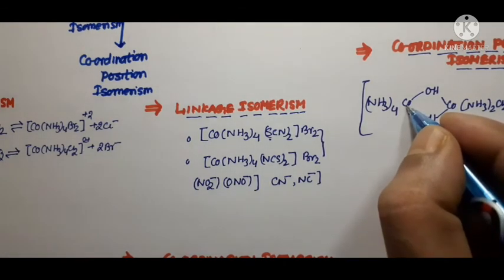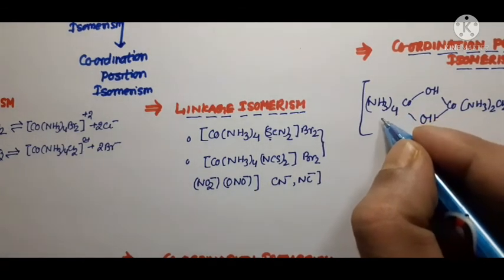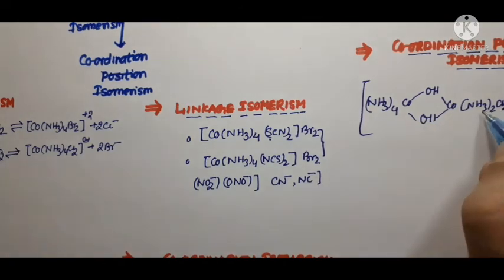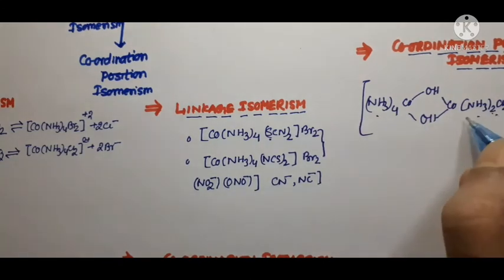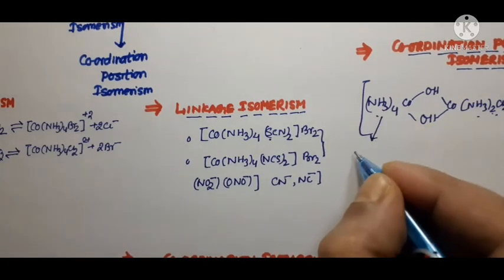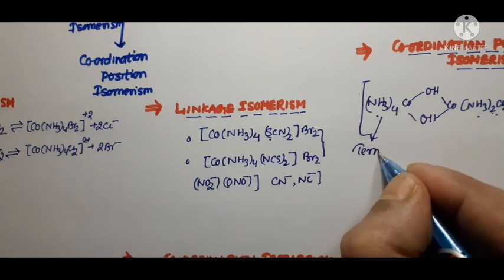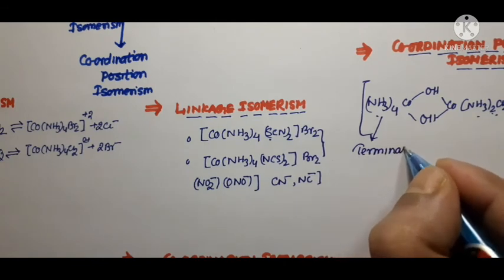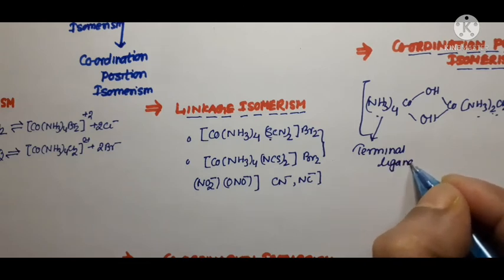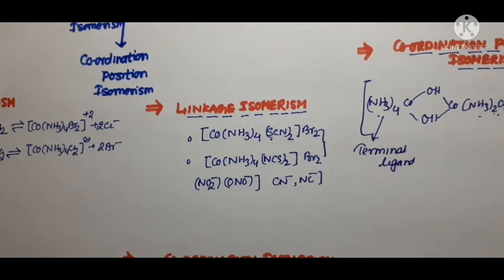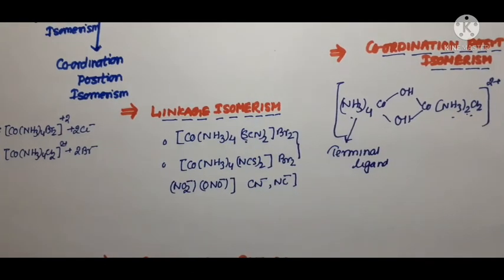In this part, cobalt is attached with the 4 ammonia, so its coordination number is 4, and on the right hand side, cobalt is attached with the 2 ammonia and 2 chlorine, the coordination number 4. These ligands are known as terminal ligands. Here we can see that the terminal ligands are attached unsymmetrically.